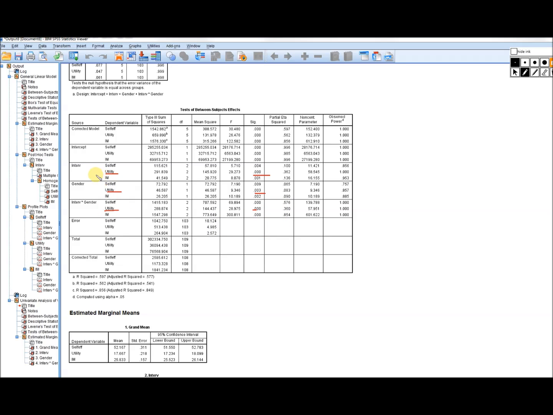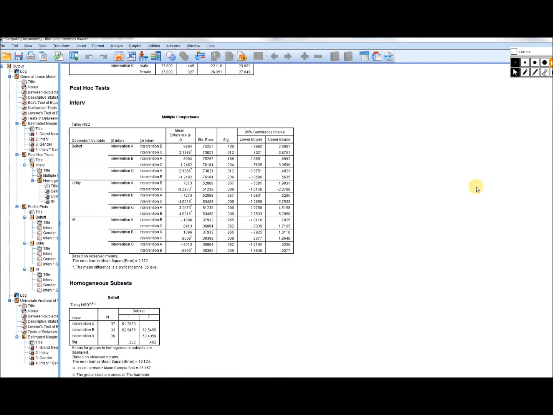And it also turns out that the main effects as well as the interaction were all significant when it came to looking at the group differences on intrinsic motivation. So basically everything was statistically significant when we consulted the univariate ANOVA follow-ups.